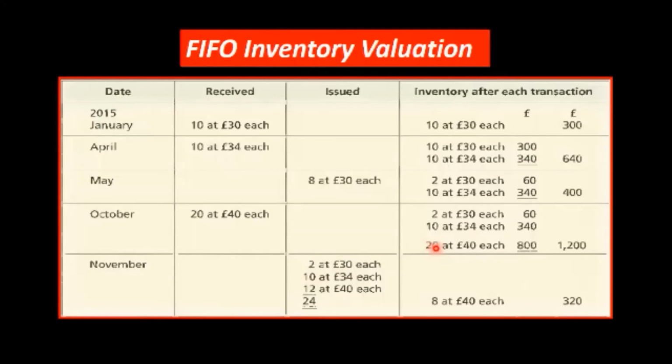Okay, so we sell 12 at 40, 24. So out of what we had here, 8 will remain from this 20. Okay, 8 at 40, the 40 from here, and that will give us $320. So our closing stock at the end of business using the FIFO method would be valued at $320.